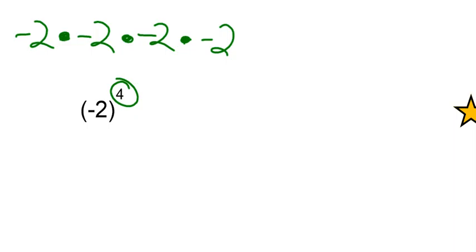So we're multiplying those. And as we look at this, I see 1, 2, 3, 4 negatives, which means my answer is going to be positive, which is a little strange to think about, but yeah, some powers of negative numbers are going to end up being positive numbers. Okay, so now I just got to do the math. 2 times 2 times 2 times 2, so that's 4, 8, 16.